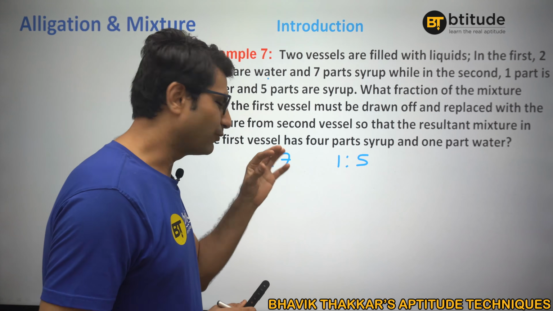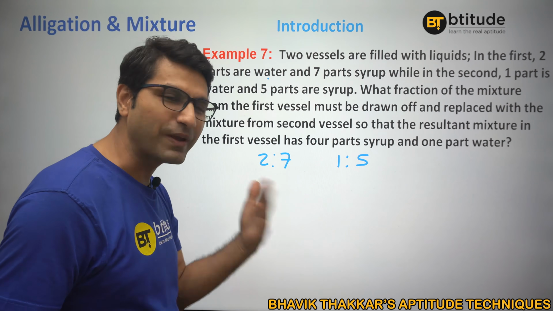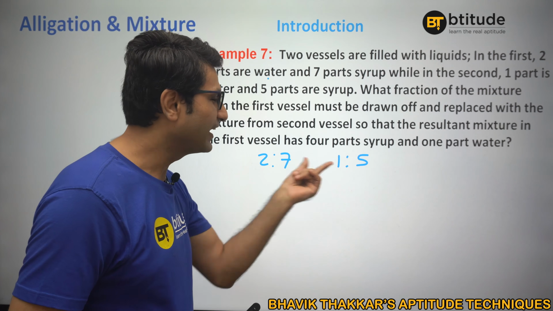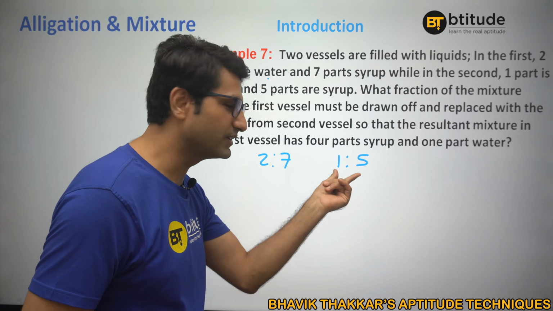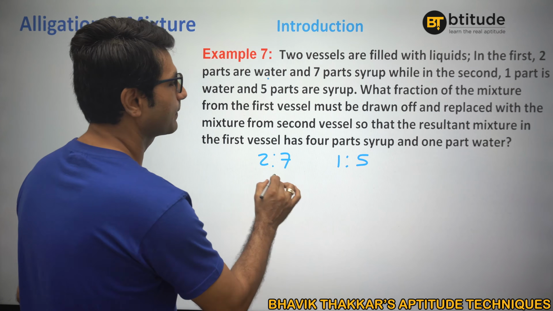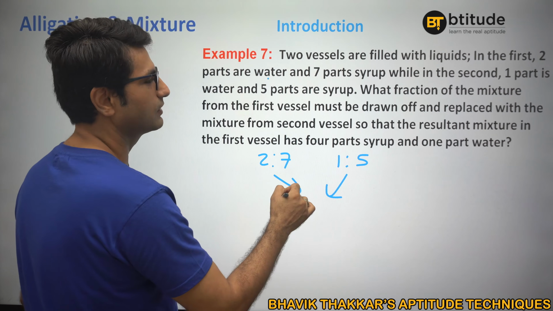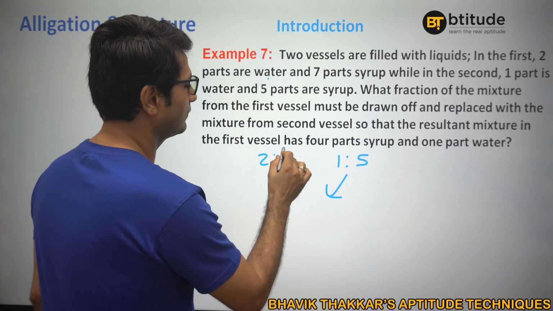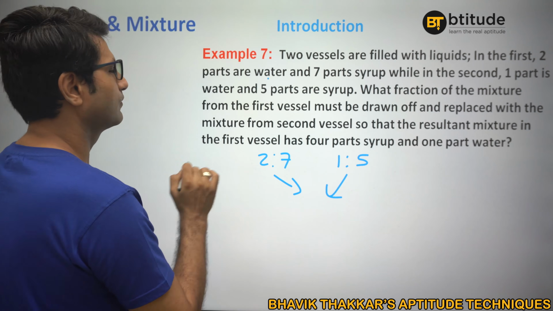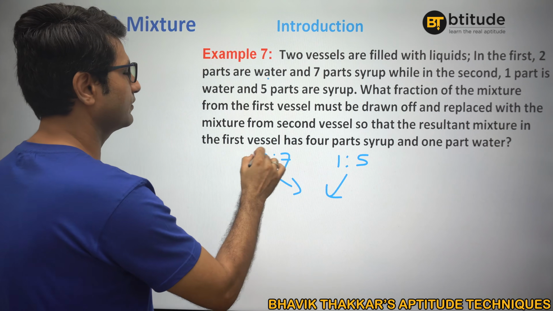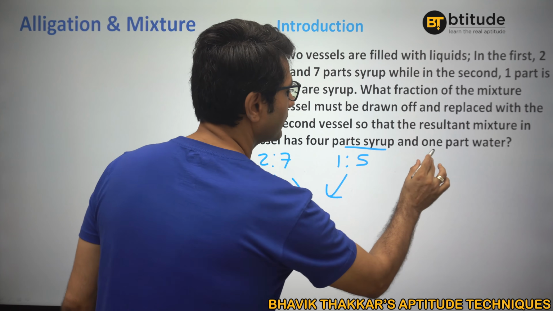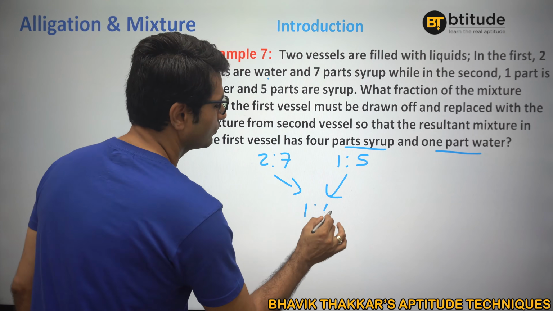That means whatever is drawn off, the remaining mixture is still in this ratio, and it is replaced, that means it is mixed with this one. So these two are mixed, and the resultant mixture, from the second, so that the resultant mixture in the first vessel is 4 parts of syrup and 1 part water, 1:4.